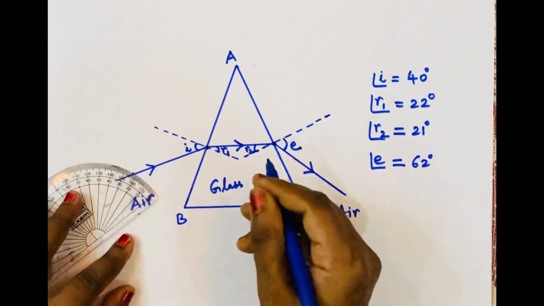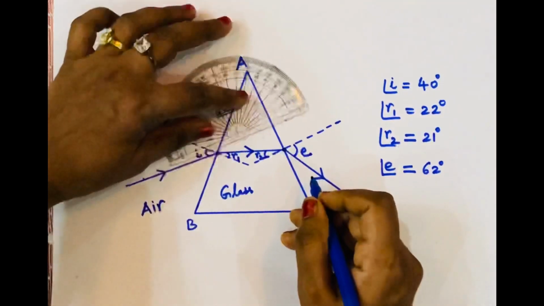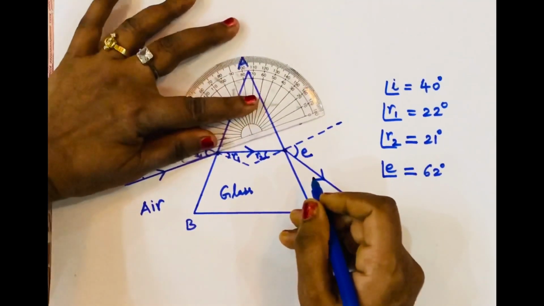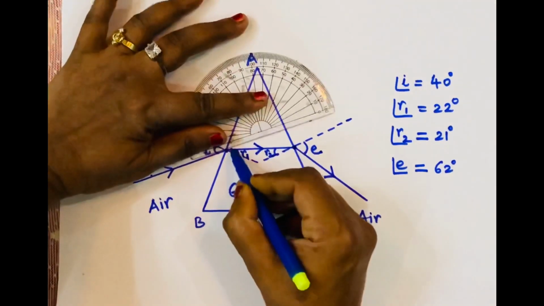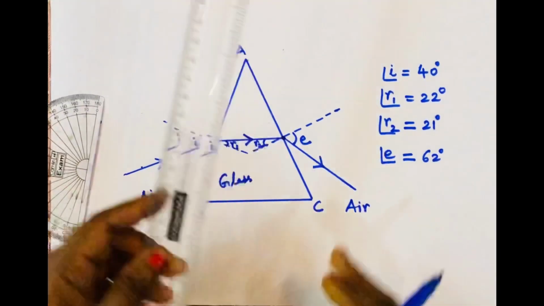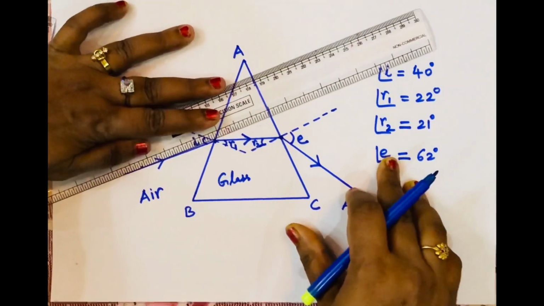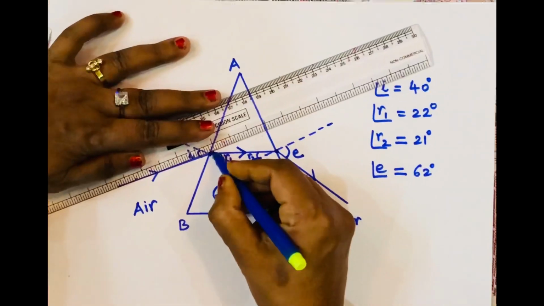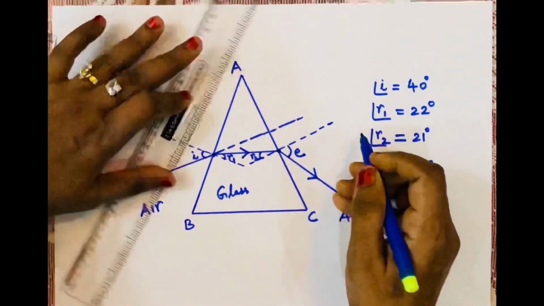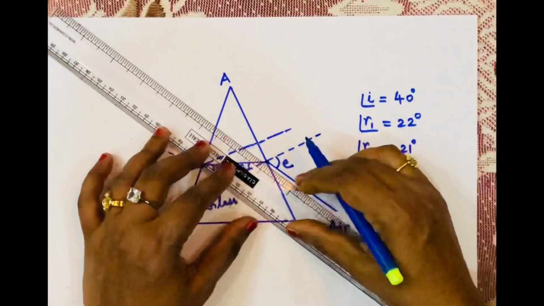Now let us see the most important part of this diagram. Let us extend the incident ray forward. Now I am extending the incident ray in the forward direction with the help of dotted lines, and the emergent ray in the backward direction.